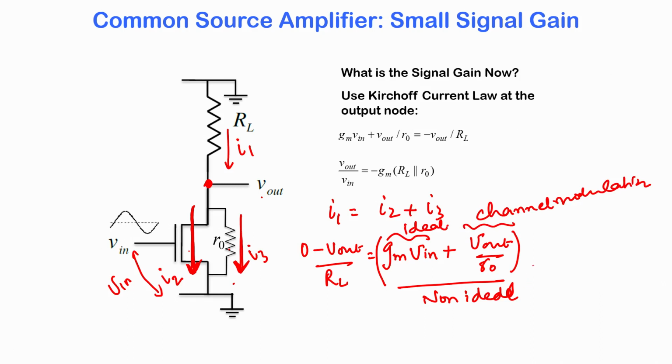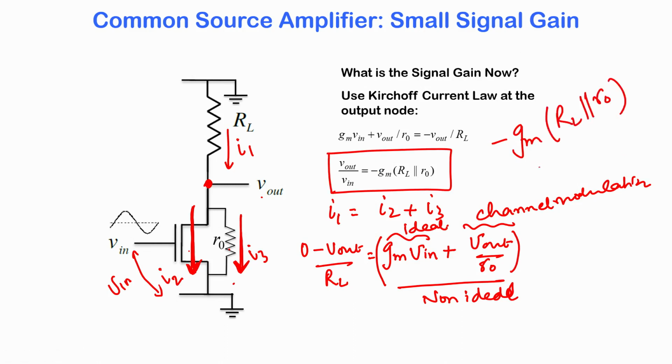So this will result in a gain of minus Gm times RL parallel with RO. Earlier with no channel length modulation, if you recollect, the gain was simply minus Gm RL, but now the channel length modulation resistance will appear in parallel with RL.